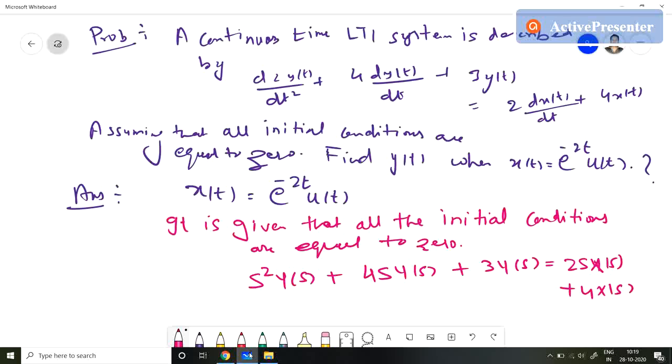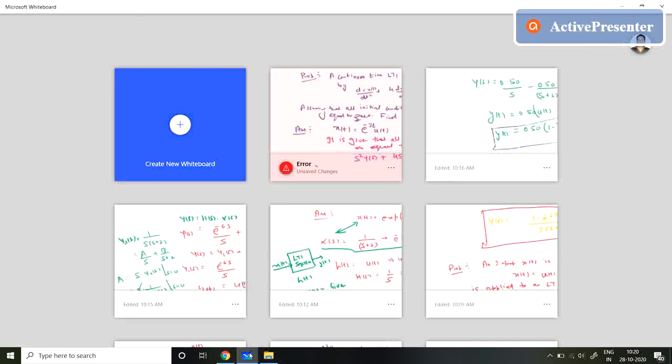So this is the Laplace transform of this differential equation. So we can combine all these Y(s) terms. So it is s square plus 4s plus 3, and that is equal to 2s plus 4. So what we will find out?